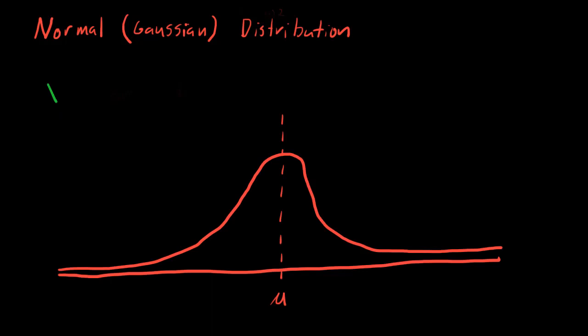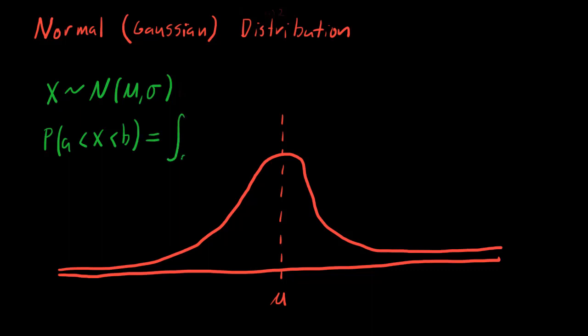Given a random variable, x, which is distributed normally with a mean of mu and a standard deviation of sigma, we can find the probability that that value, x, is between the points a and b using integration. So we just take the integral from a to b of a probability density function, f of x dx.